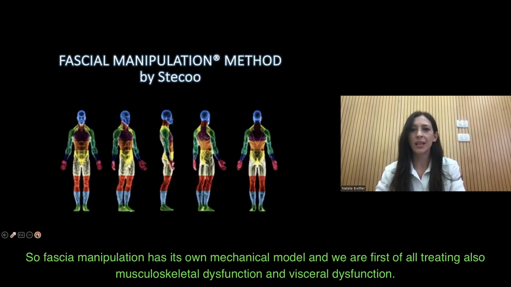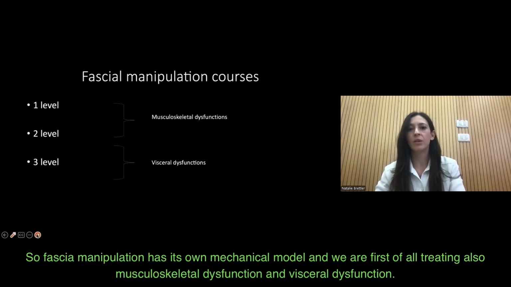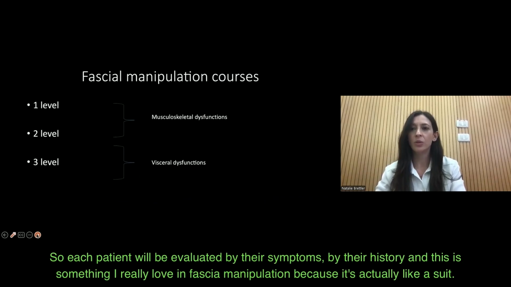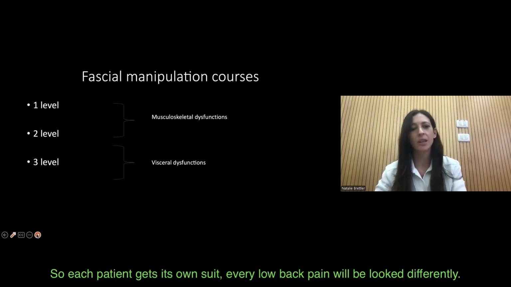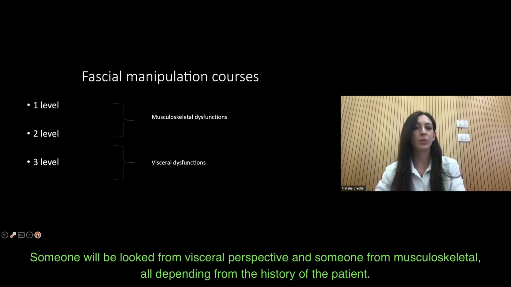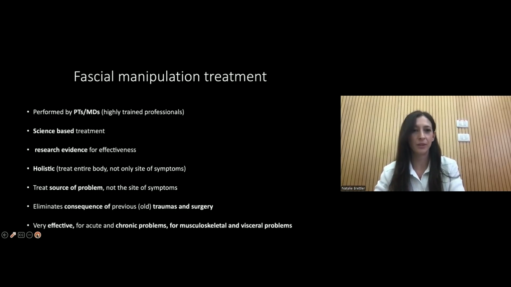So fascial manipulation has its own mechanical model, and we are first of all treating musculoskeletal dysfunction and also visceral dysfunction. So each patient will be evaluated by their symptoms, by their history. And this is something I really love in fascial manipulation because it's actually like a suit. So each patient gets its own suit. Every low back pain will be looked at differently. Someone will be looked at from a visceral perspective and someone from a musculoskeletal one, all depending on the history of the patient.